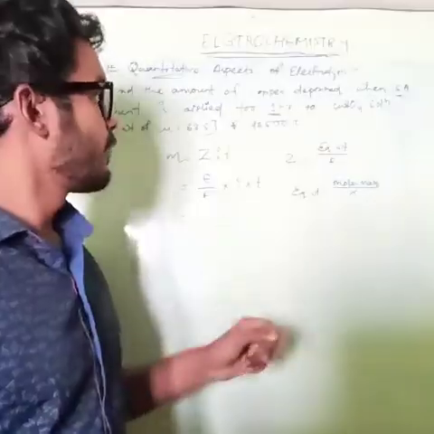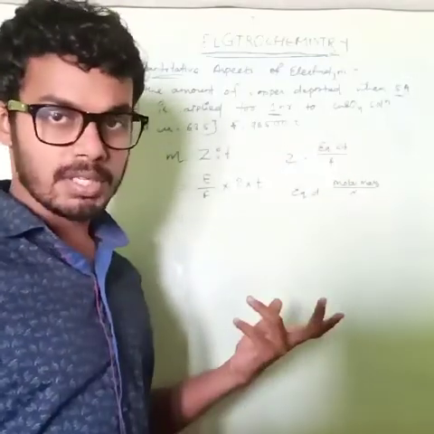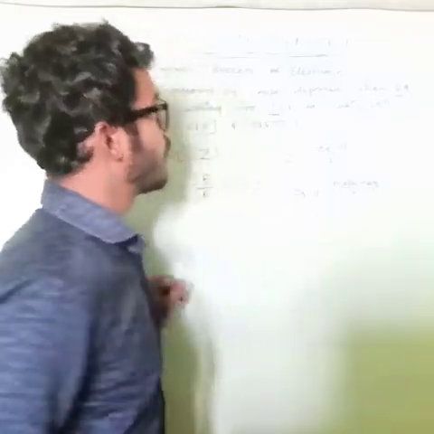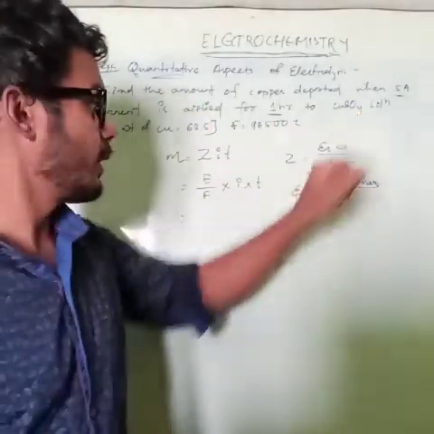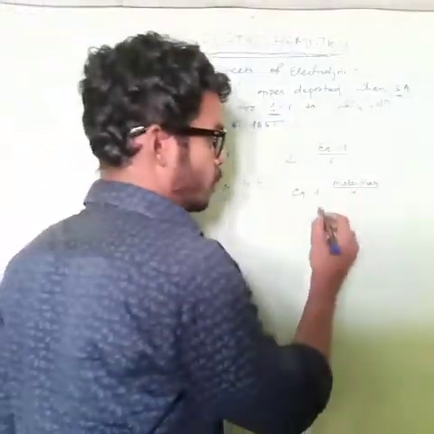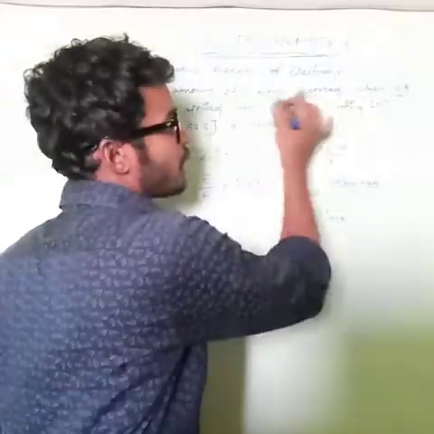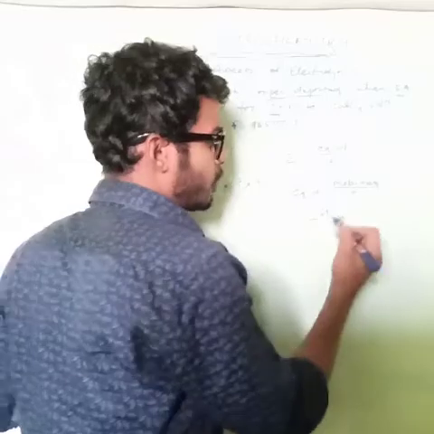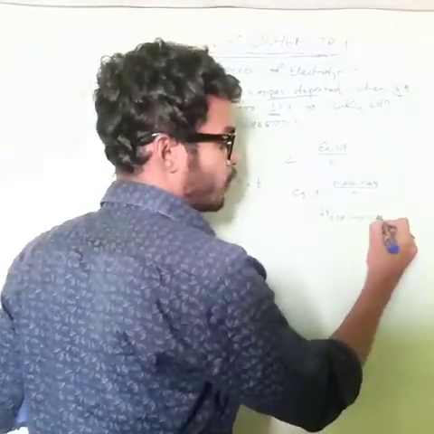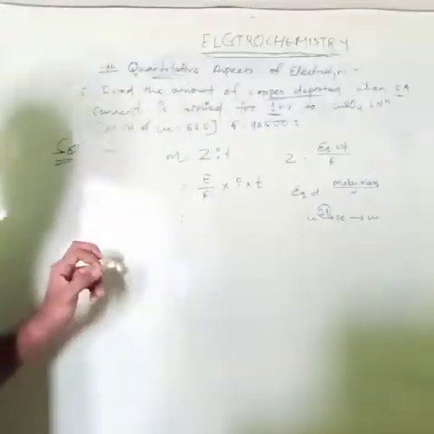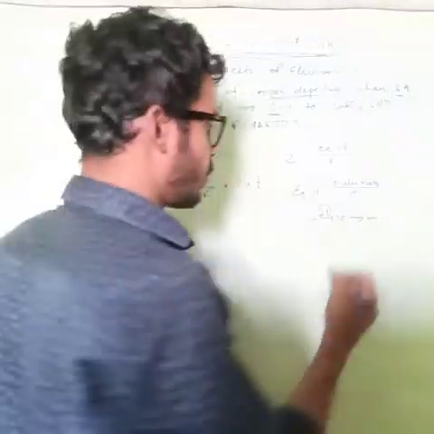So we will calculate it here. It's a salt, not an acid or base. So for Cu, what will happen particularly? Cu2+ plus 2 electrons gives Cu, that is how copper deposition occurs. So how much charge? 2 plus charge, so X will be 2.